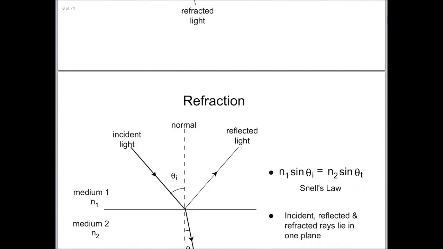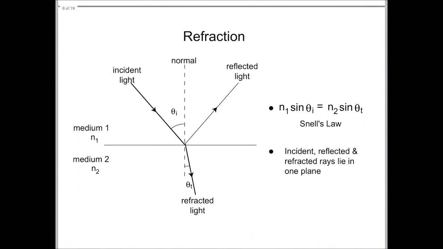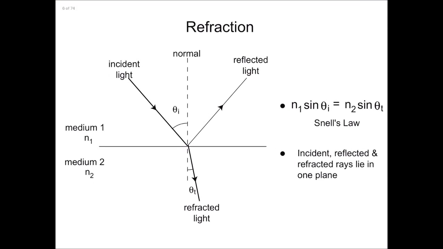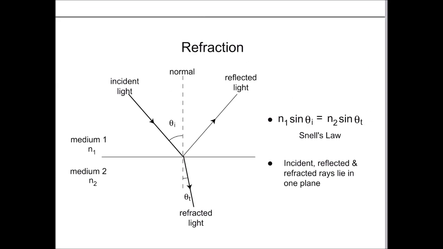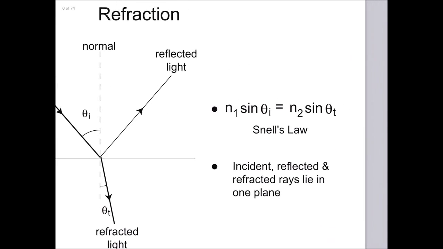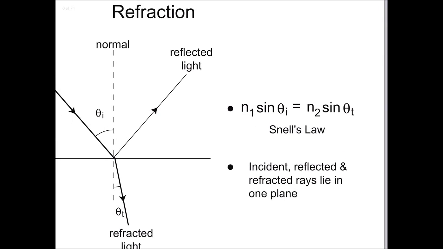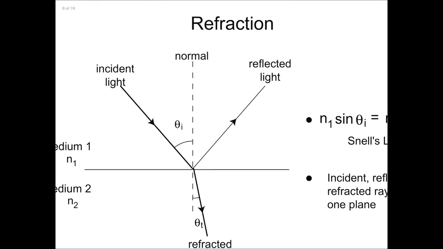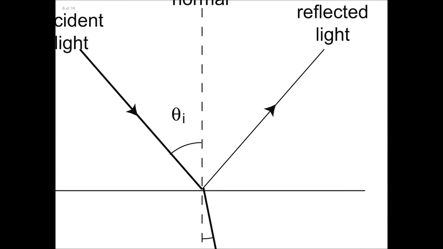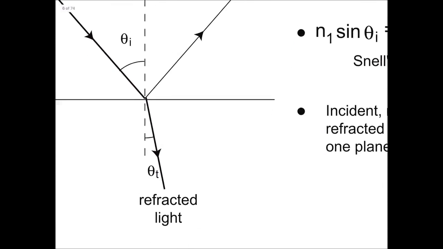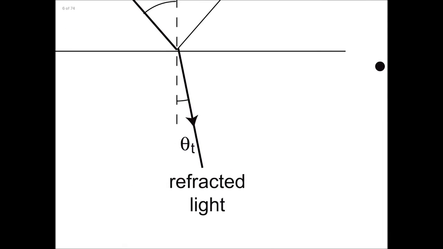The next situation is when most of the light is refracted into the system, and very little light is actually reflected back. In that case, we have another law called Snell's law, which gives us a relationship between the incident angle, the angle made by the incident light to the normal, theta I, and the refracted angle, that is the angle made by the transmitted ray into the second medium with the normal.